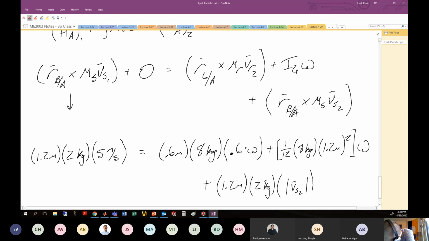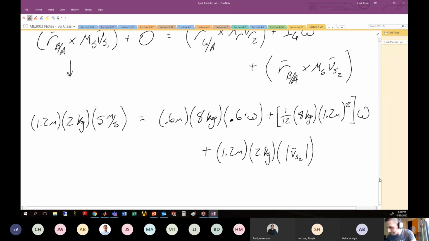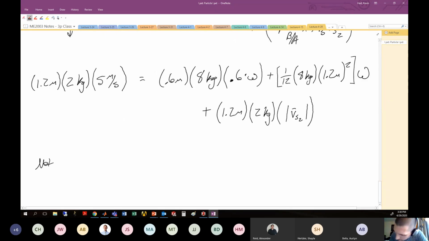And I'll make a very specific note here that because the sphere rebounds off of the rod, it doesn't have this kinematic relationship with the rod anymore.